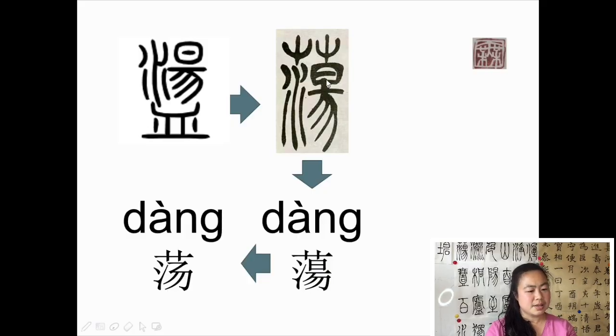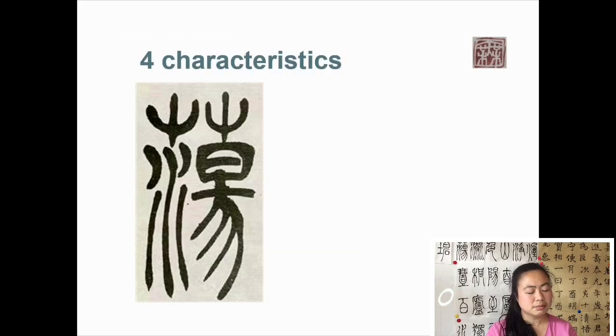The same as the xuān style character, in this simplified character, the top still symbolize for grass, and the bottom left is for water, and the bottom part also means soup. Okay, this is drifting, dàng.